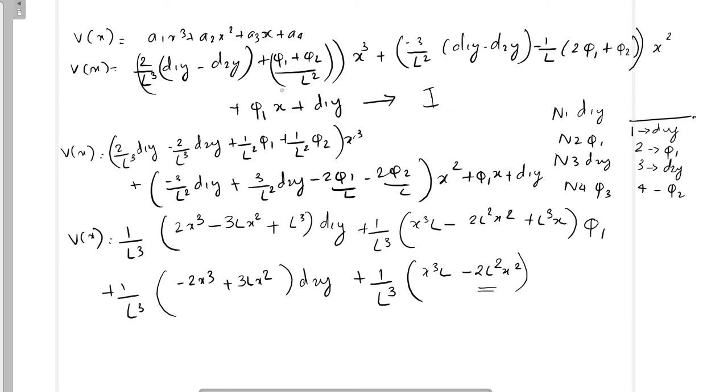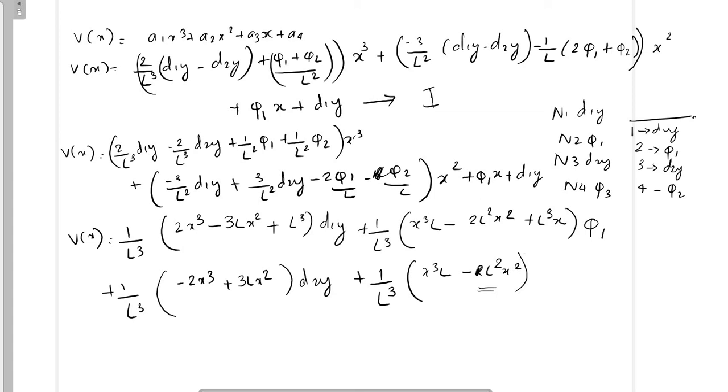Here I am separating pi 1 by L square and pi 2 by L square. In the second term I am writing minus 2 pi 1 by L and minus 1 pi 2 by L. So here I made some mistake. It is minus pi 2 by L; there is no 2 multiplied with this. So if you consider pi 2, minus x square L square, there is no 2 term here. Now it is correct. Minus L square x square.